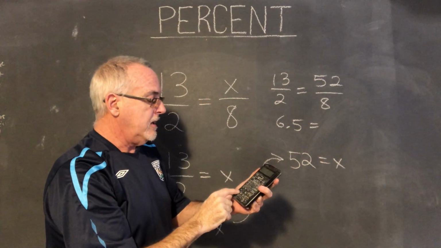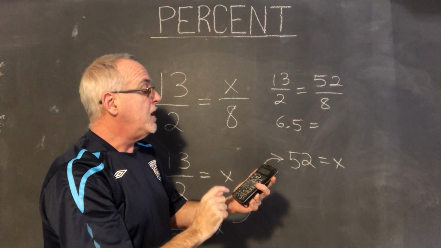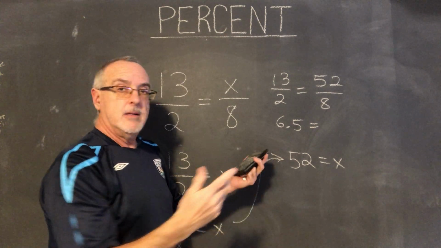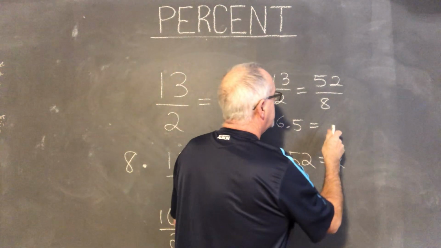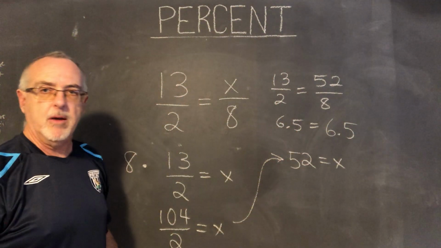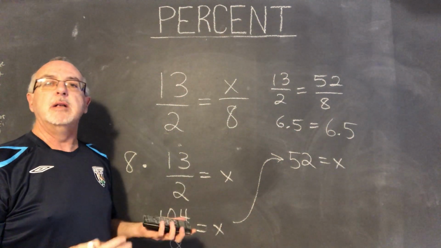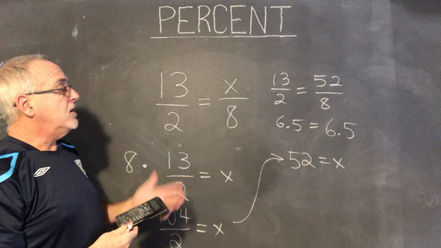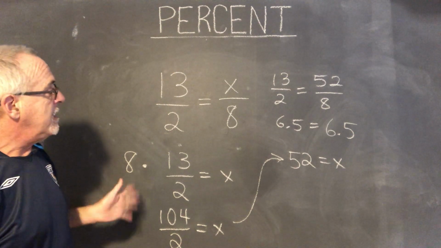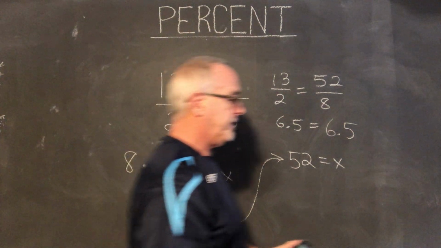So I'll even do the 13 divided by 2. 13 divided by 2, yes, 6.5. 52 divided by 8, 6.5. So I end up with 6.5 equals 6.5, which is the sort of thing that happens when you verify something, when the thing that you are working on is correct. So that's not the only way that I can verify it. Okay, let's do a bunch more example stuff.